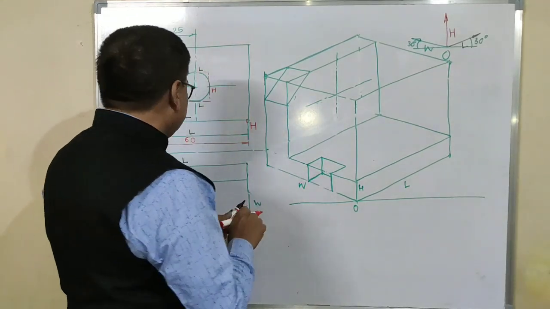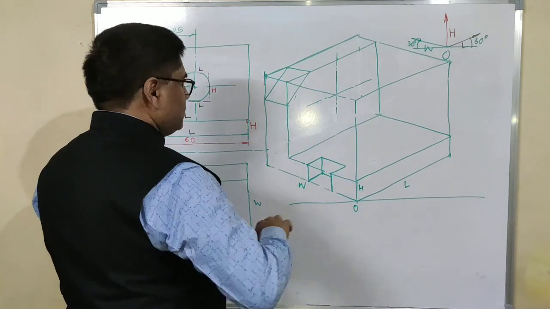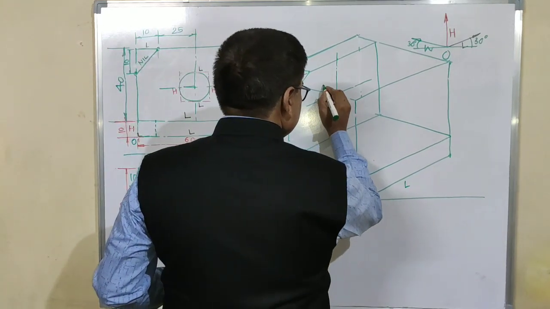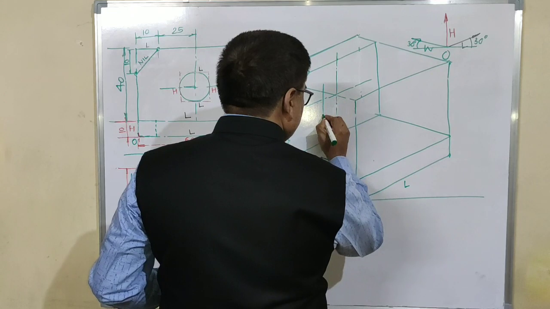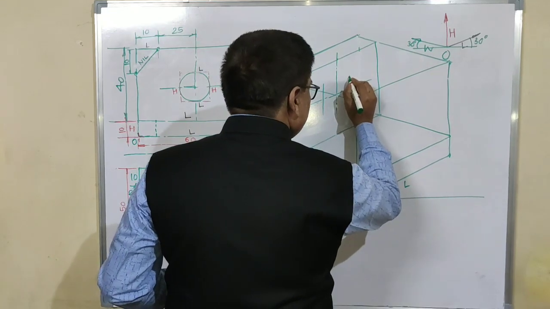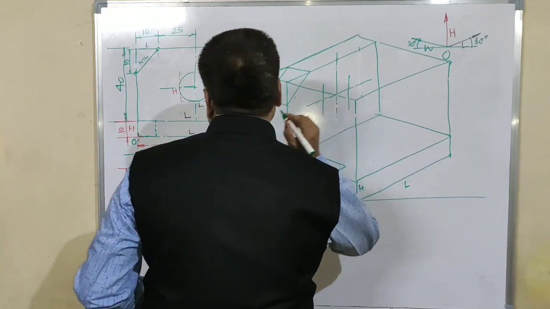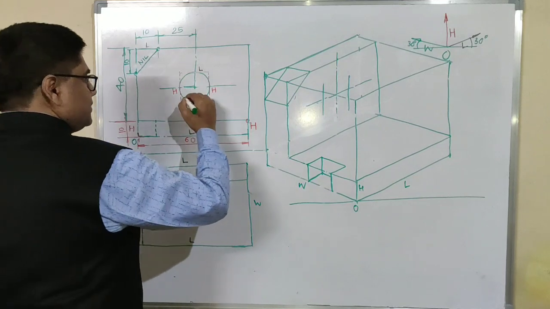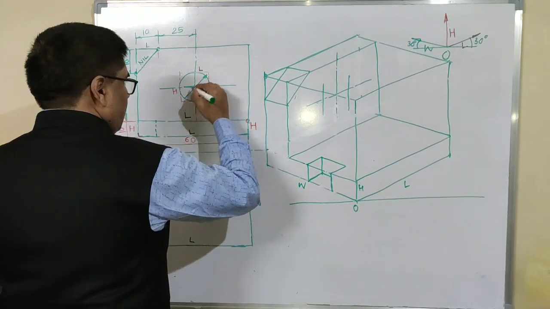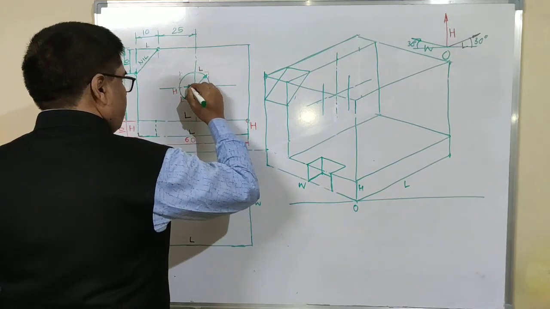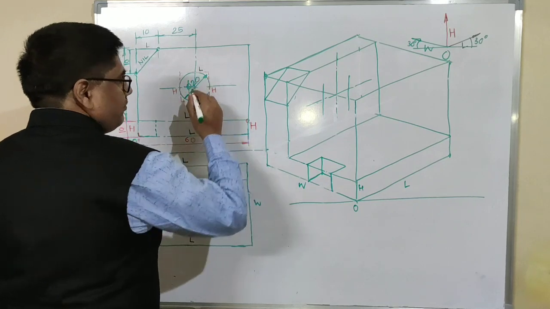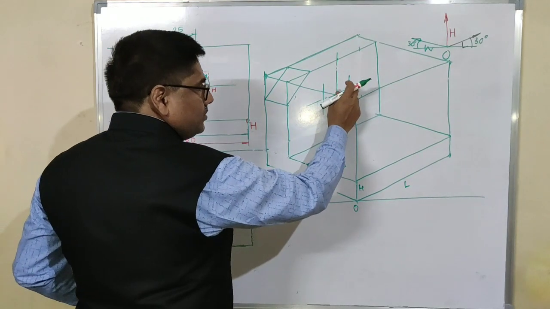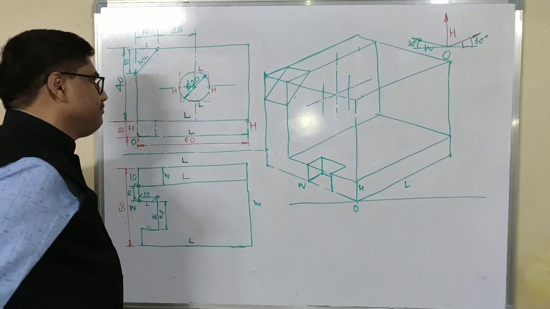Now let's draw two lines of the rhombus parallel to height. As this diameter is 20 mm, these two distances will be 10 each.